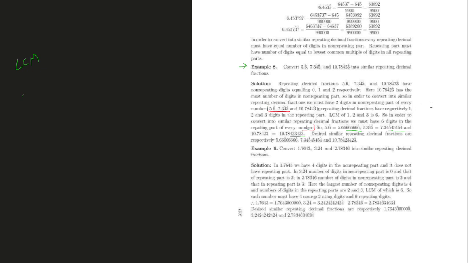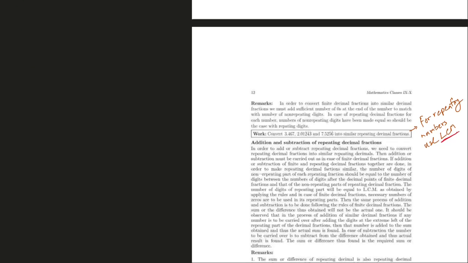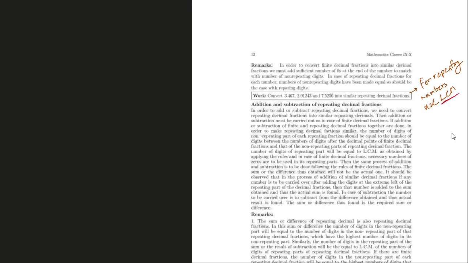So what you do is figure out the number of digits in the repeated parts of each number, then you take the LCM of those numbers, and then you make sure that the repeated parts in all the numbers are equal to that count in the LCM. So here's another note, or also here's a worked problem. Again, you just use the LCM of the repeated parts.